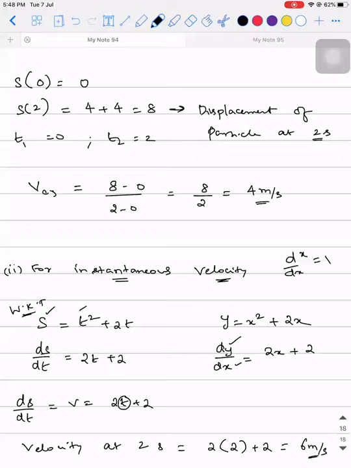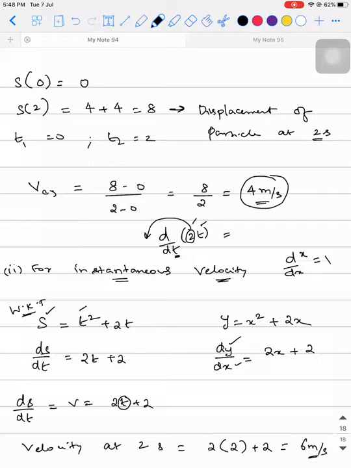How did 2t become 2, sir? Which one? 2t. Because derivative of 2t. See, d by dt of 2t is nothing but, see, constant can be taken out. Here, what is the variable? 2 is the variable or t is the variable? You have to look at the denominator. You're differentiating with respect to t. Right? So 2 is a constant.